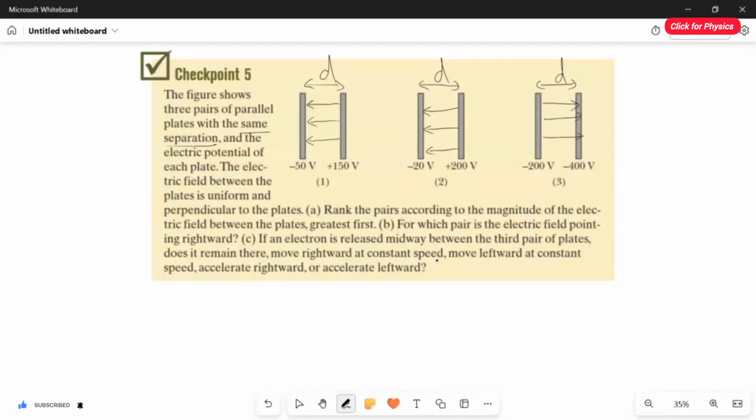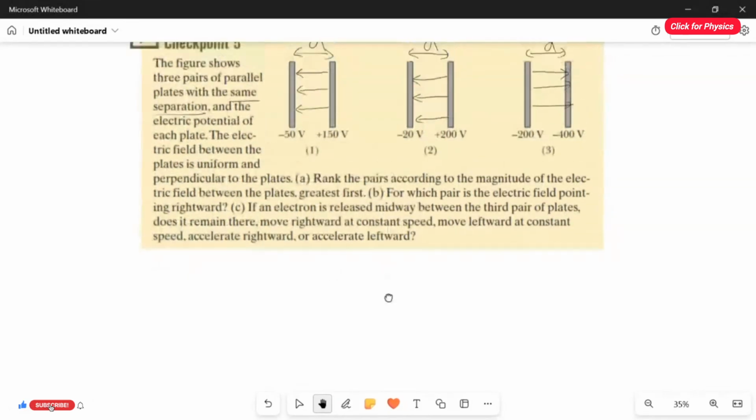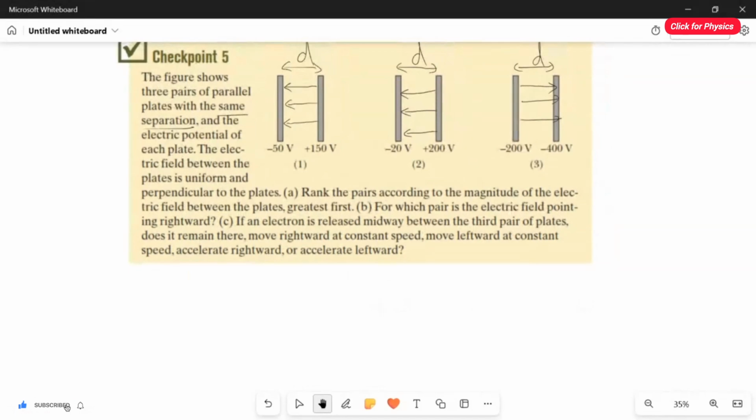Rank the pairs according to the magnitude of the electric field between the plates, greatest first. As we know, the relation between the electric field and the potential is E equals minus delta V over delta X. This is the rule relating electric field and potential. Now I am going to apply this rule to each figure.